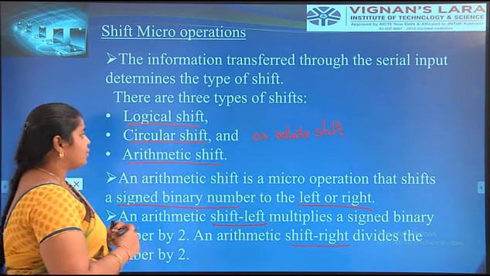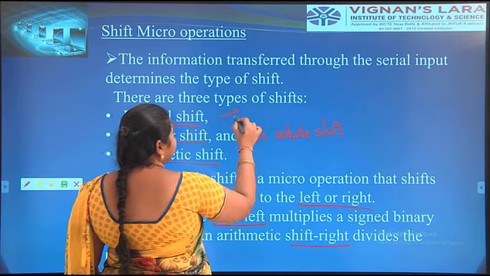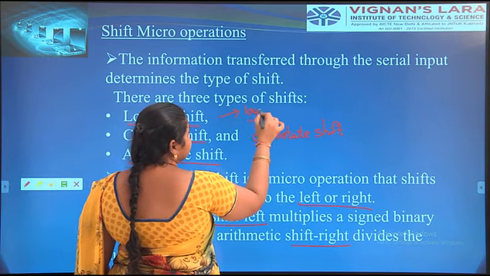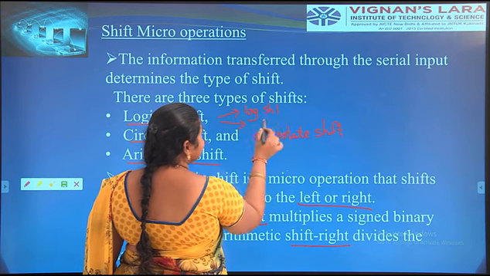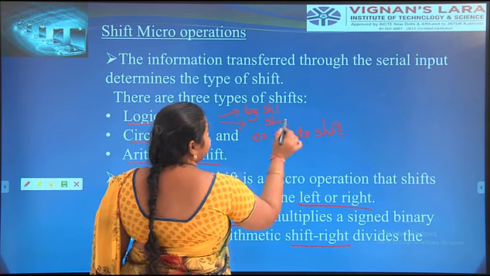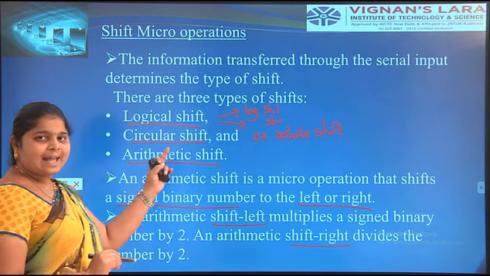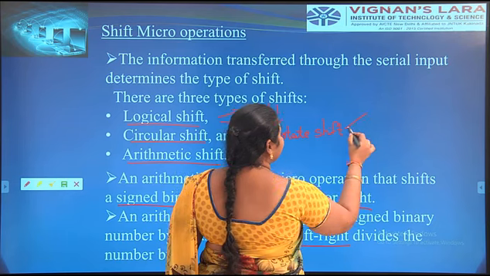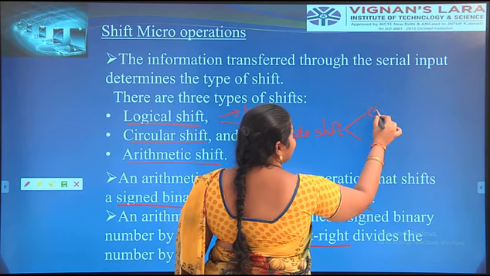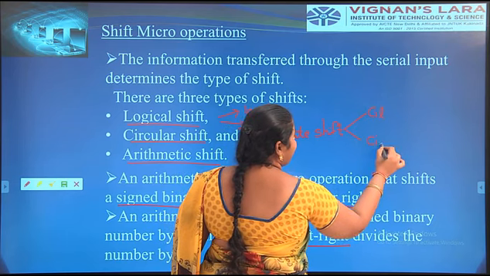In the logical shift we also have two types, logical shift left and logical shift right, denoted as SHRL and SHRR. The circular shift is also divided into two, CIL and CIR.